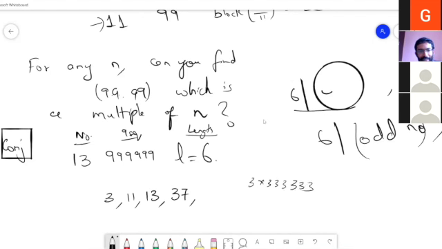So 3 cubed, 7, 11, 13, 37. Oh, 3 cubed, what a beautiful number. All nice looking primes. 1, 2, 3, 4, 5. So there are 5 distinct prime factors.